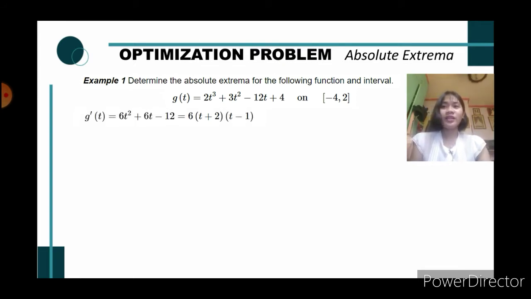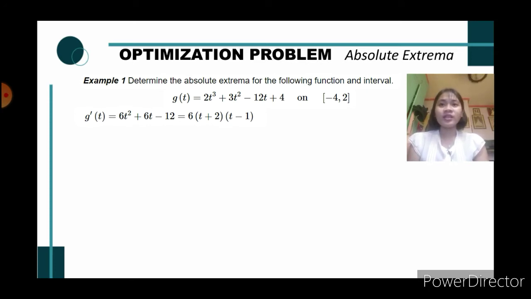So all we really need to do here is follow the procedure given a while ago. So first, notice that this is a polynomial and so is continuous everywhere and therefore is continuous on the given interval. Now, we need to get the derivative to find the critical points of the function.